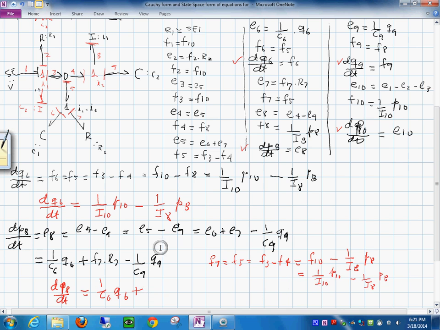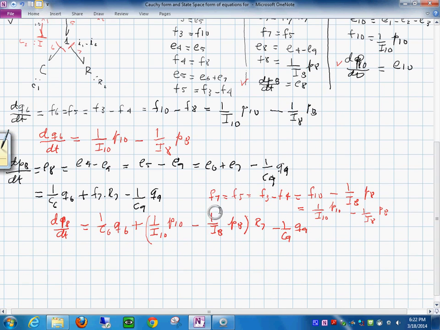So we need to replace here where it's necessary. That is just F7. And then minus... this was possibly the longest equation. And this is the second equation.